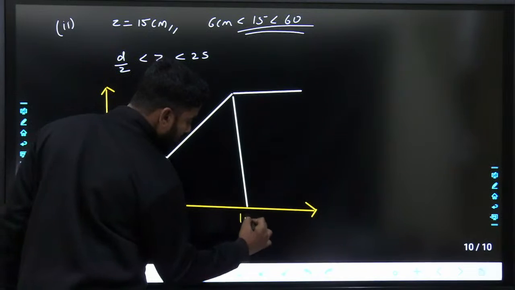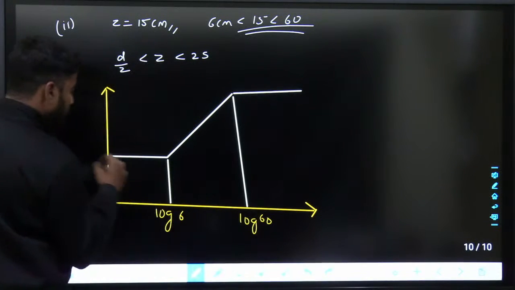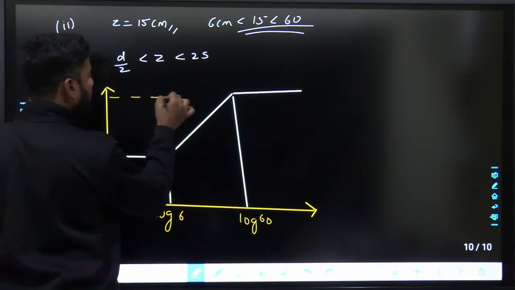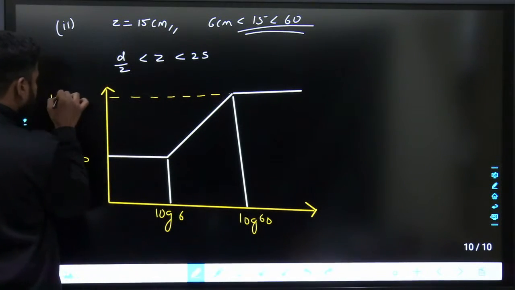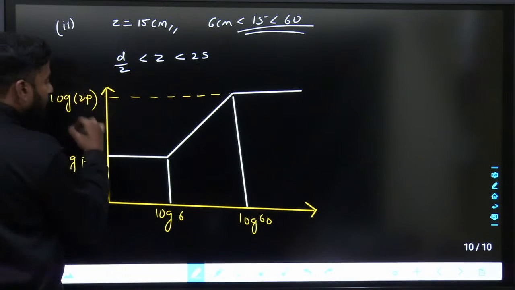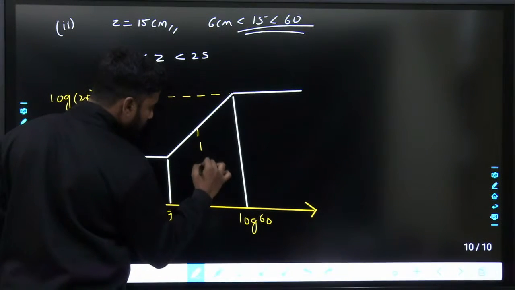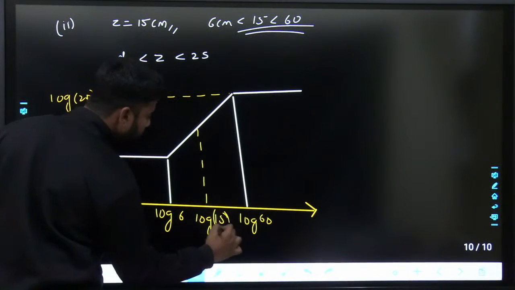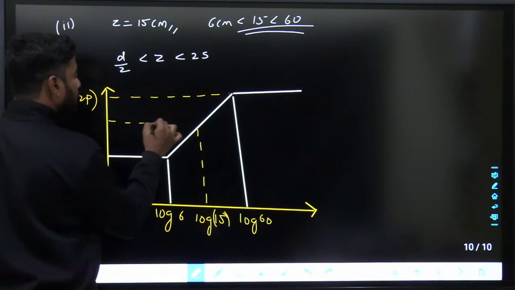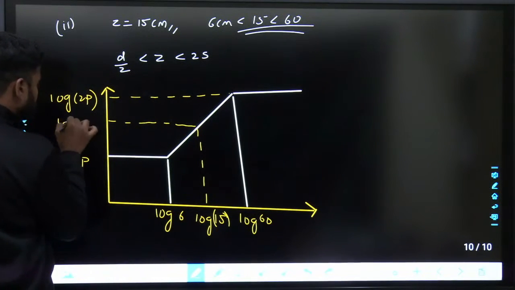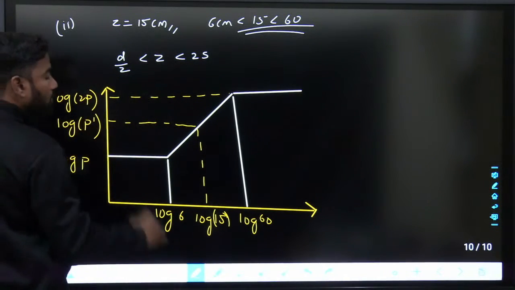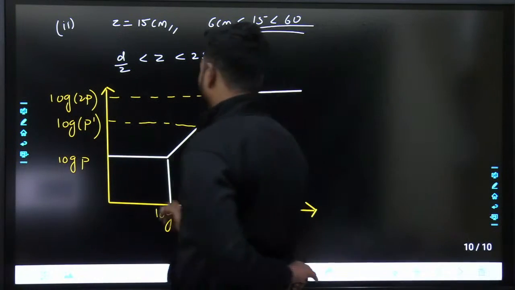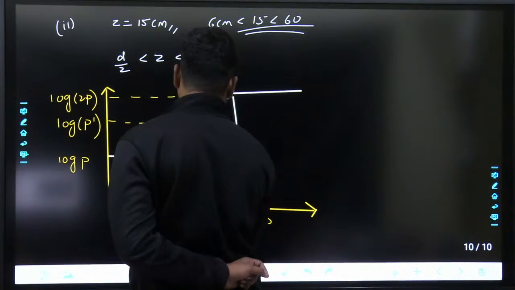Log 6, log 60, and this is log P, and this is log 2P. We need the value at 15, that is the value at log 15. The value is log P dash. So you can use the linear interpolation method to find it.